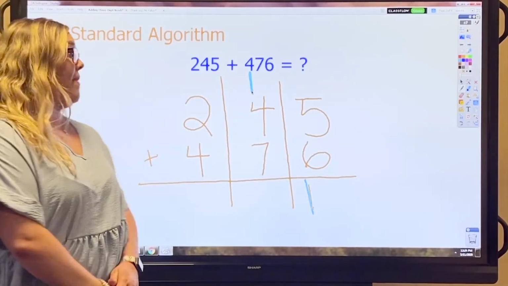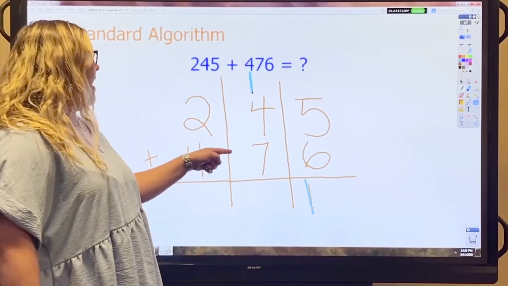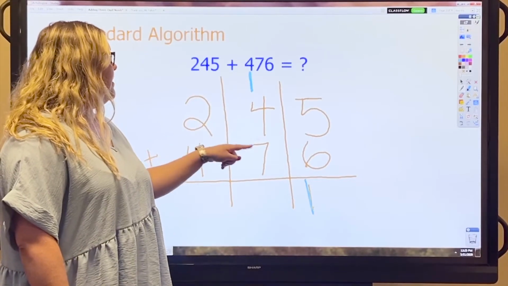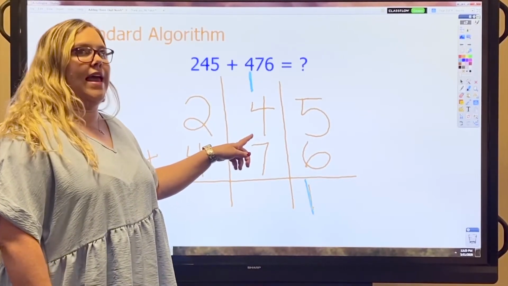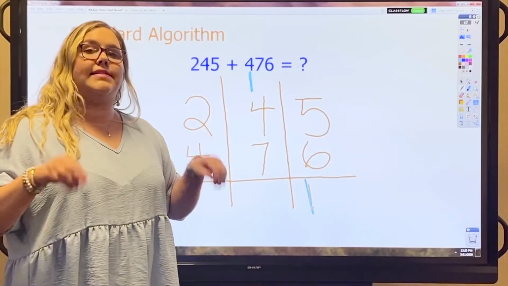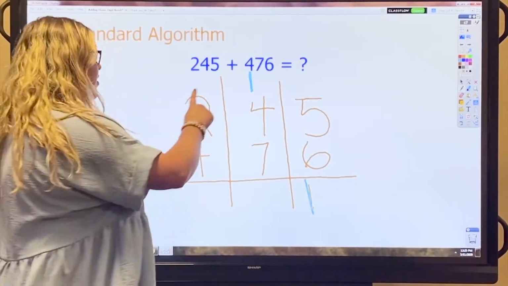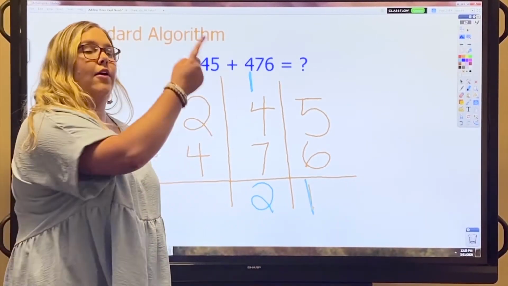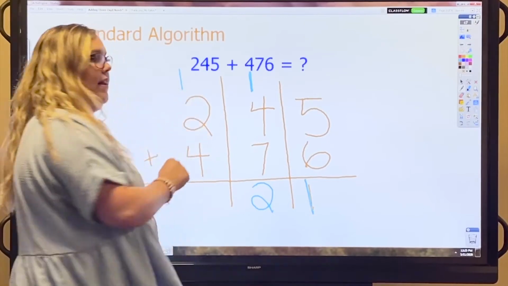So now in my tens place, I have 7, 4, and 1, okay? 7 plus 3 is 10. I have 2 left over, so that makes 12. Same thing with 12. I will put the 2 in the tens place, and I will carry over the 1.